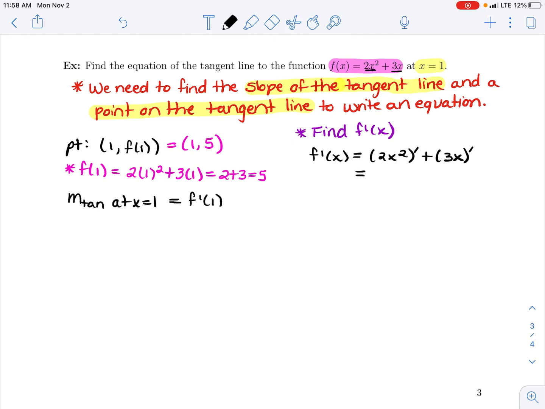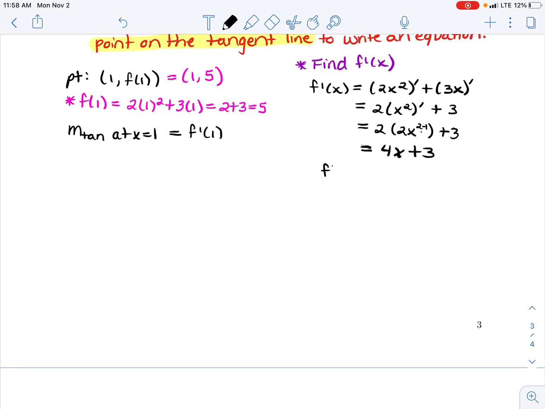Okay, so now this is going to be copy my constant times the derivative of the function plus the derivative of 3x is just 3. So now I have 2 times the derivative of x squared, which is just 2x, plus 3. And so this is just going to be equal to 4x plus 3.